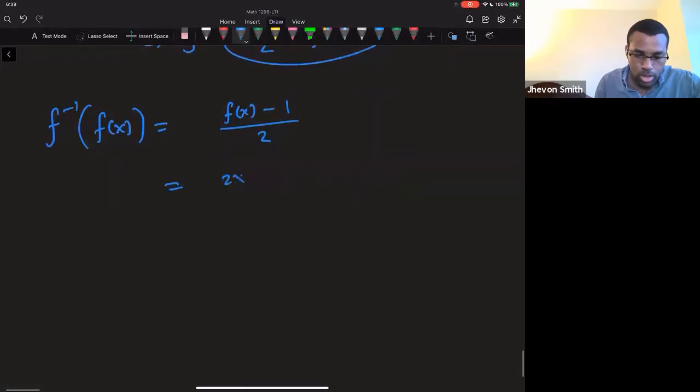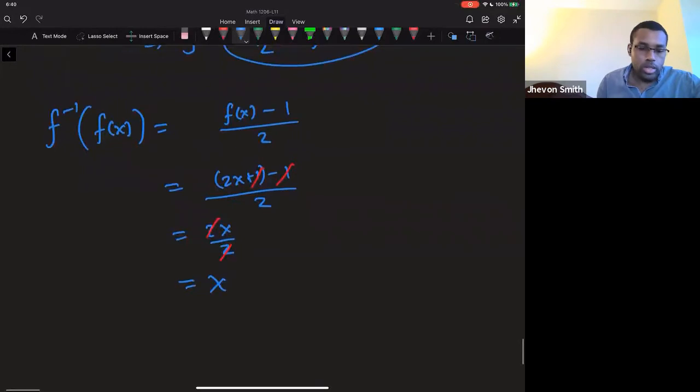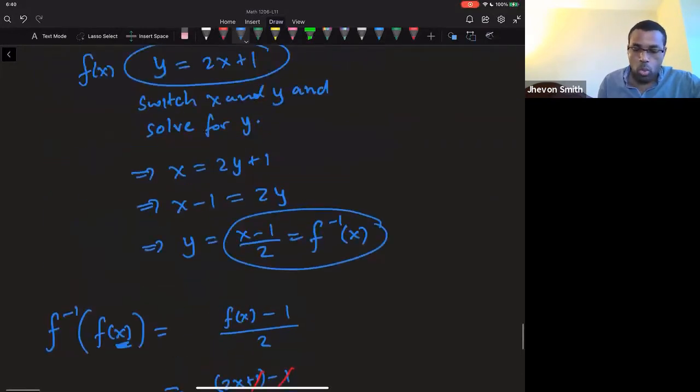So you'd plug in 2x plus 1 minus 1 all over 2. The ones would kill each other. You would get 2x over 2. The x's would cancel, and then you would get x. Right? So you get back the original input. So it's not just a 1 over function, it's a whole other function.